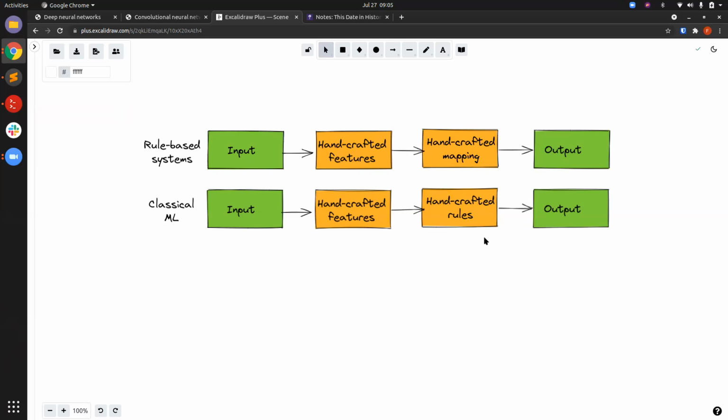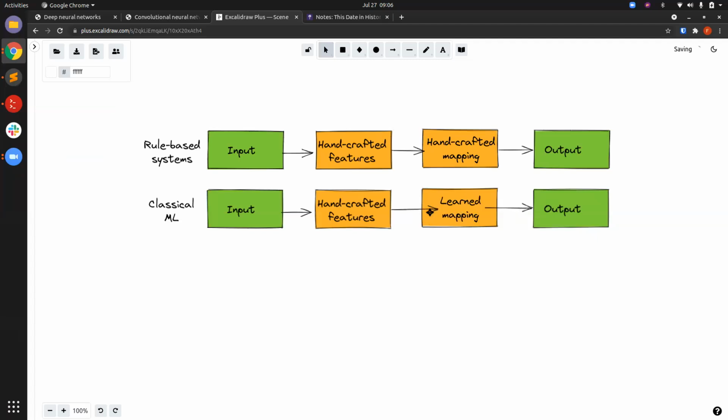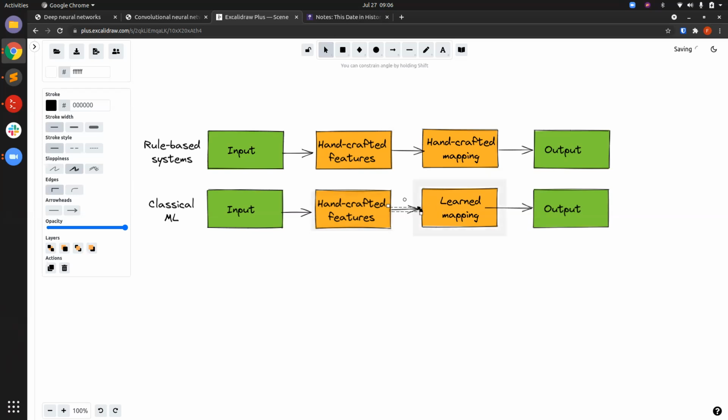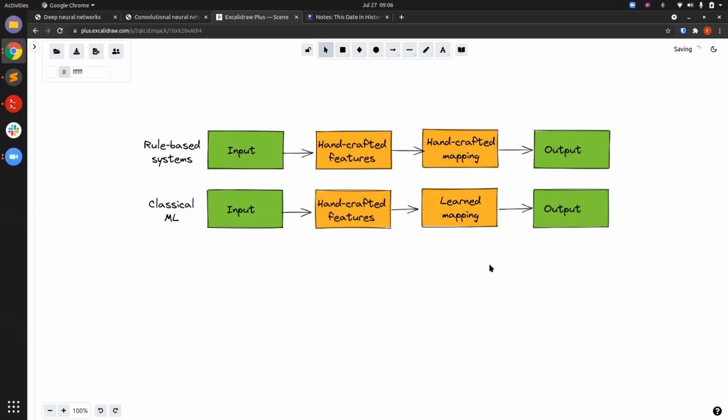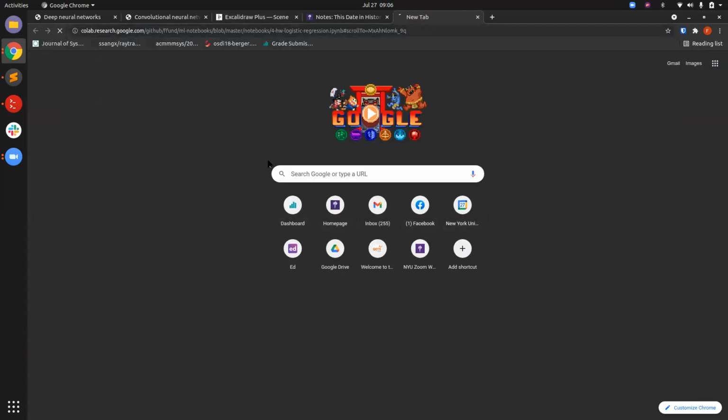With classical machine learning methods, such as logistic regression, we had a learned mapping from feature values to output. You may recall an example from homework 4.